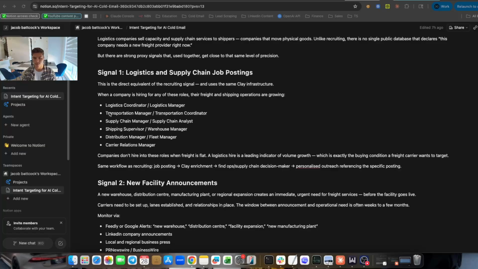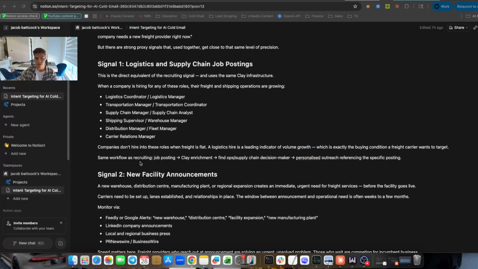Anytime they do this, it means that they're looking to increase their shipping volume. So a logistics hire is a leading indicator of volume growth, which is exactly the buying condition that a freight carrier, or a business development executive at a shipping and logistics company, is going to want to target. These kinds of signals.